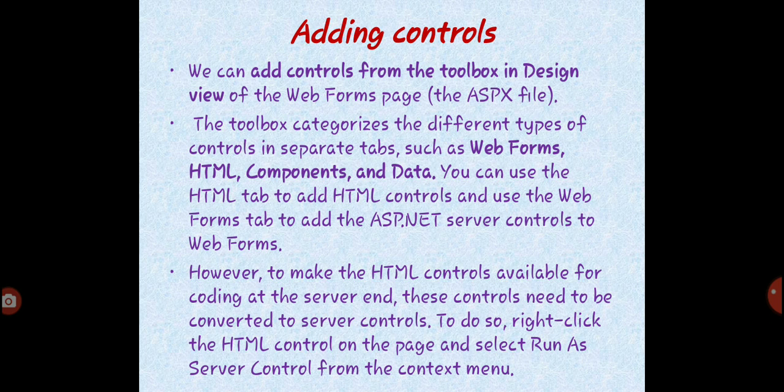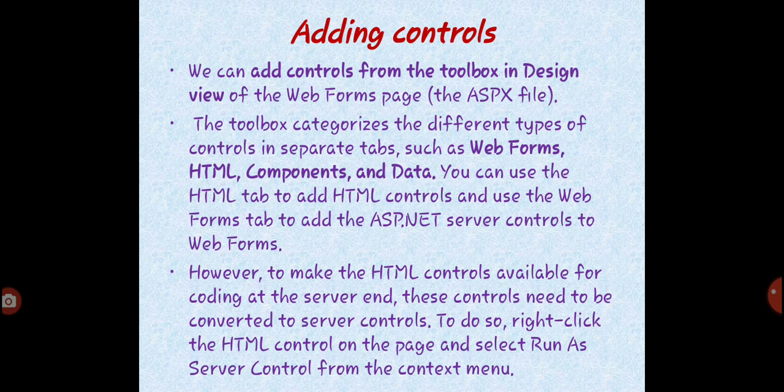We can just double click on it and get the control on the form. The toolbox consists of many types of controls, such as web forms, HTML controls, components and data. You can refer to this in our previous presentation, where we explained all these things.